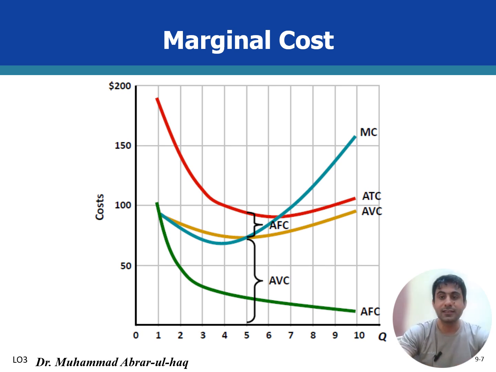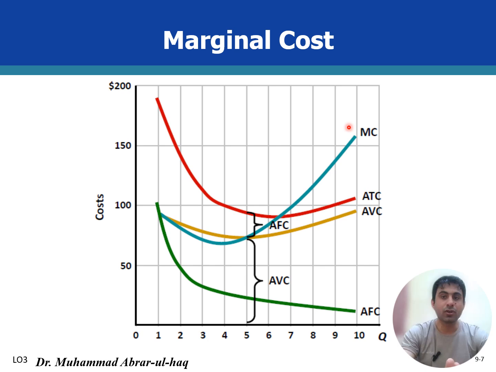As we can see in this diagram, it represents the relationship of the marginal cost curve to the average total cost and average variable cost curves. The marginal cost curve cuts through the average total cost and average variable cost curves at their minimum points. When the marginal cost curve is below the average total cost curve, the average total cost curve falls.